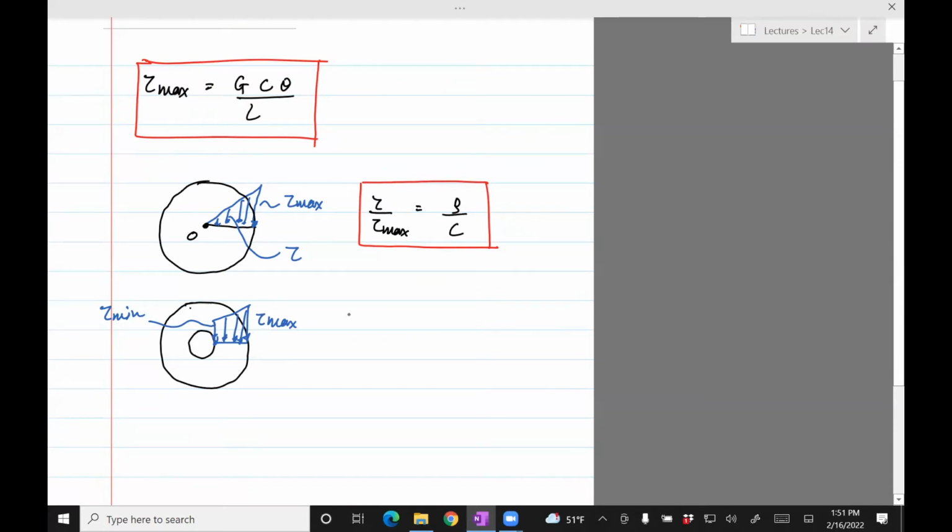And then tau min divided by tau max, let's say C1 is the inner radius and C outer is the outer radius, will just be the ratio of these two. So again, it will be linear.